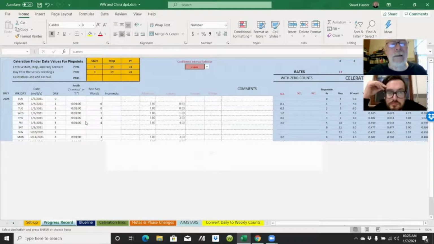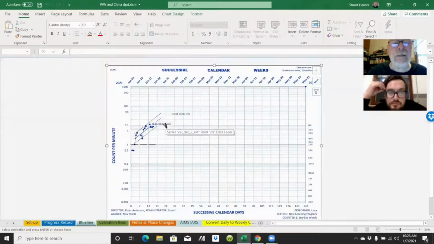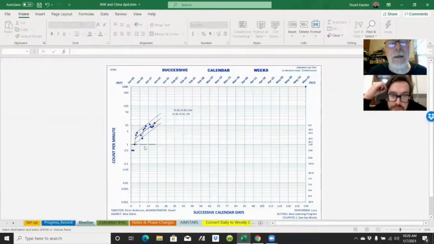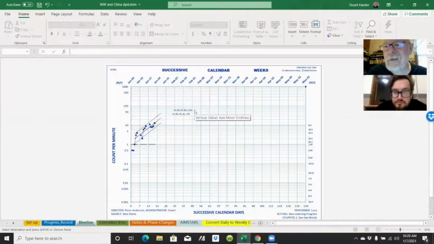I'll just hit that. Well, it doesn't look as if there's any difference at all between the minimum and maximum, but there is just a slight difference. The second number in the text string represents the total bounce. And you notice the label following it, the C.MM, that's the confidence interval based on minimum and maximum values, okay?